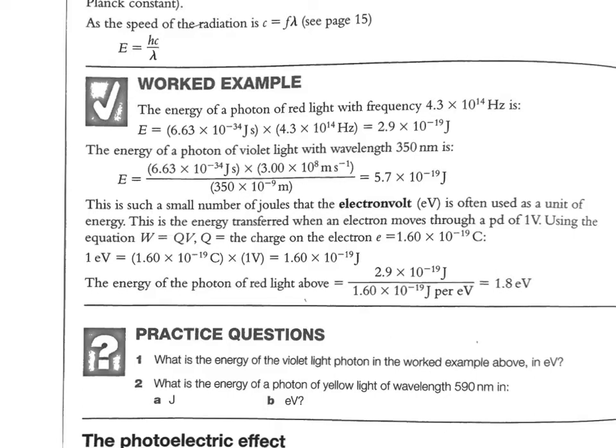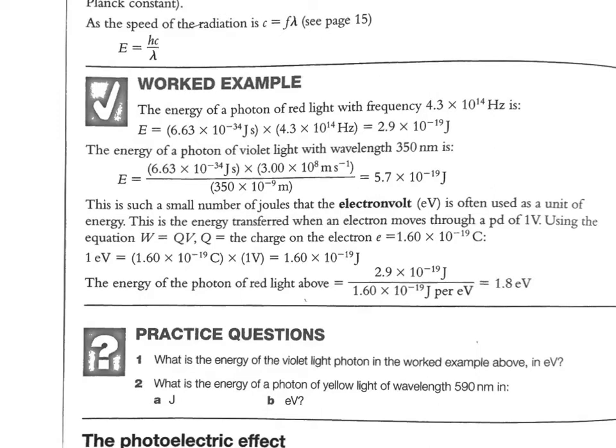So it says here, this is such a small number of joules that the electron volt is often used as a unit of energy. This is the energy transferred when an electron, so a single electron, moves through a potential difference, something about a power supply, of 1 volt. There's an equation which you've seen a similar version of before, W equals QV. W is the work done to move that electron. So Q is the charge and V is the potential difference.